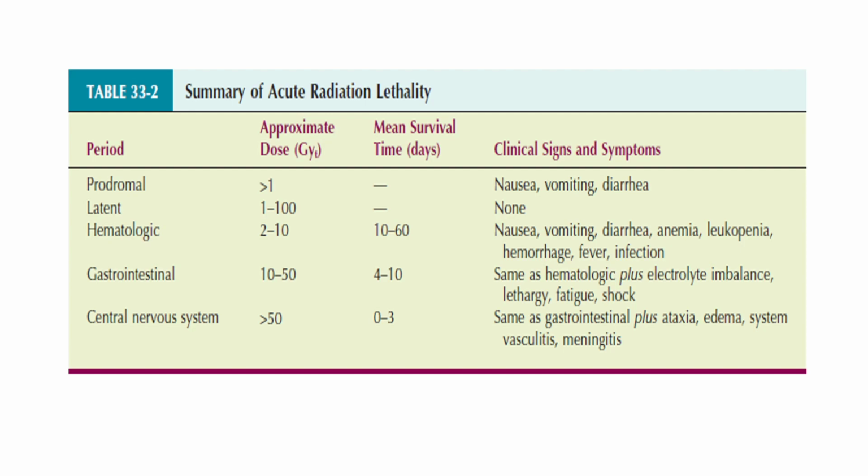Then gastrointestinal, 10 to 50. Then day of survival, 4 to 10 days. Clinical signs and symptoms, in addition to the hematologic signs and symptoms. So mayroong electrolyte imbalance, lethargy, fatigue and shock.